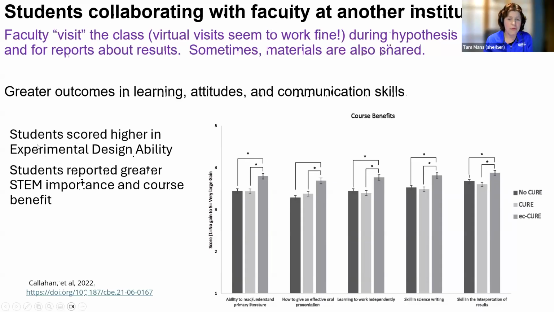We found that students who had external collaborators, the EC in this figure, scored higher on the EDAT exam. They reported more STEM importance and they thought their course was more beneficial. In general, there was a lot of positivity and excitement on the student side, and their communication skills were a little more developed.